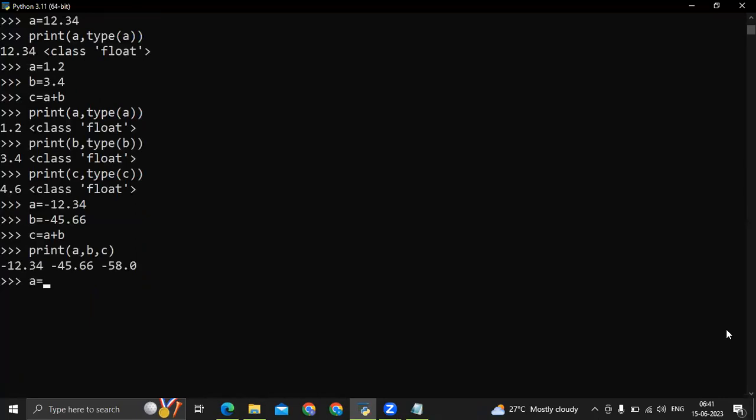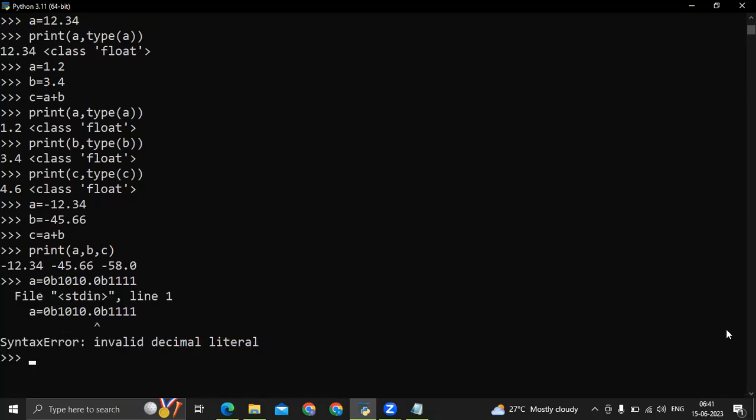If I write A is equal to 0B1010.0B1111, what will happen? We'll get an error: invalid decimal system. So float does not support binary, octal, or hexadecimal systems. It only supports the decimal number system.